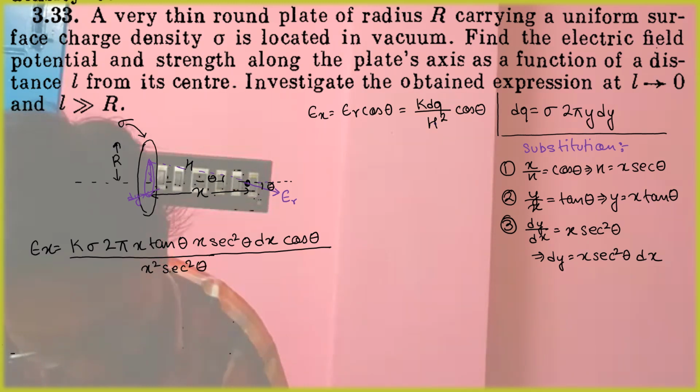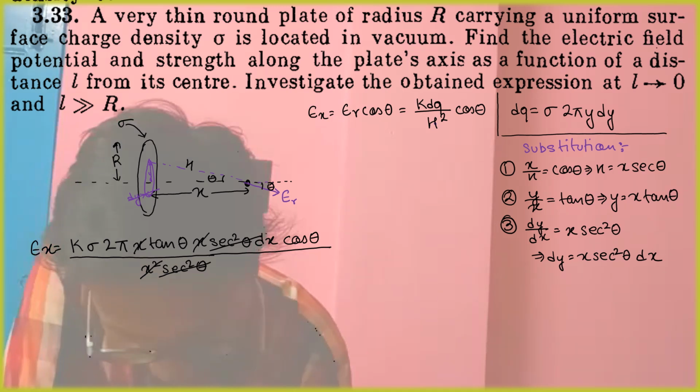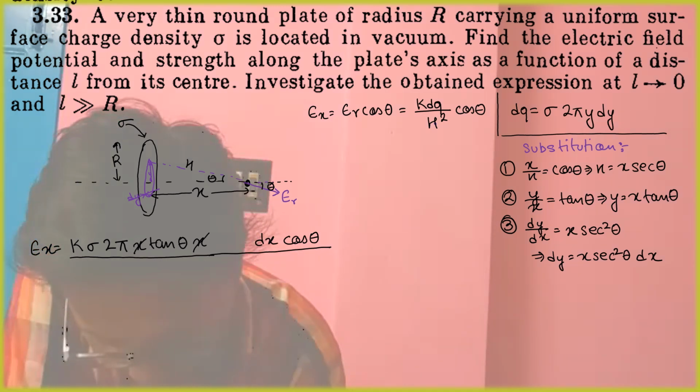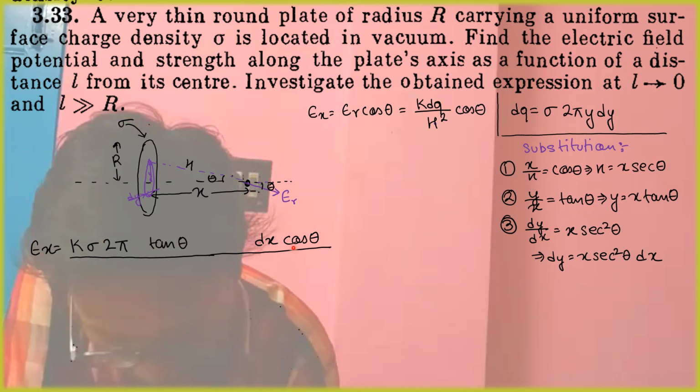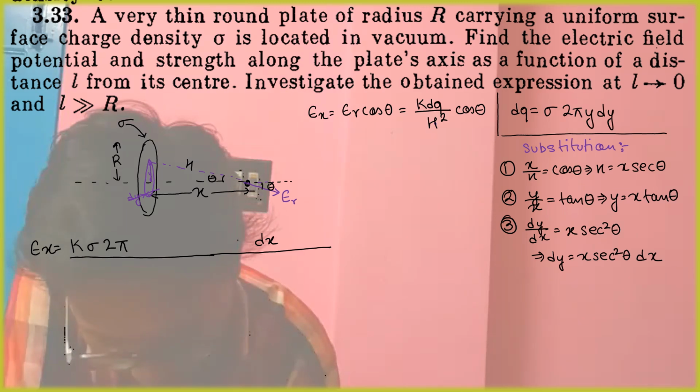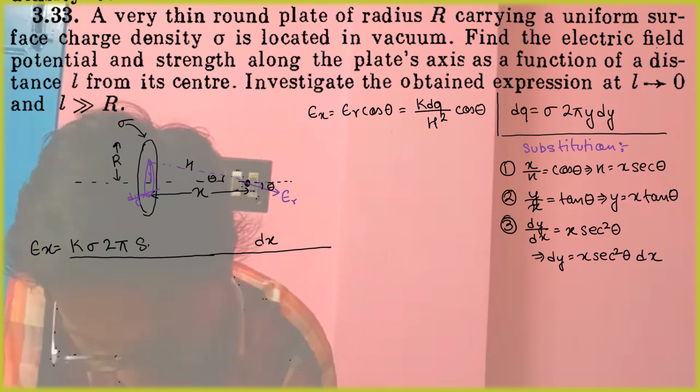So out here sec square theta would get cancelled. X and x would become x square. This would get cancelled. See, tan theta into cos theta is nothing but sin theta. So out here tan theta and cos theta would become sin theta into dx.